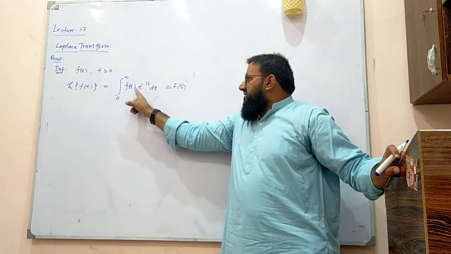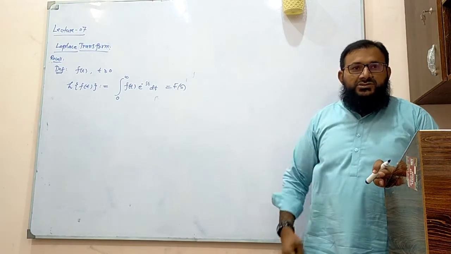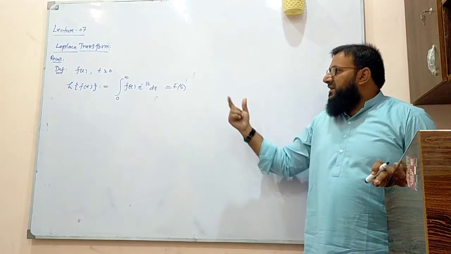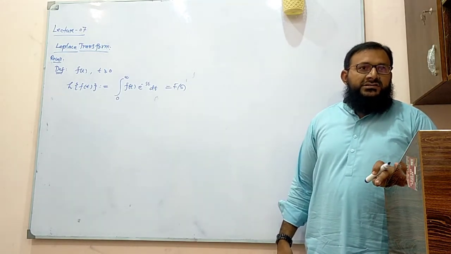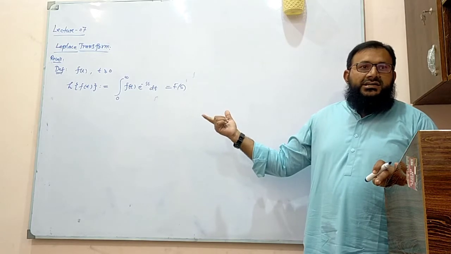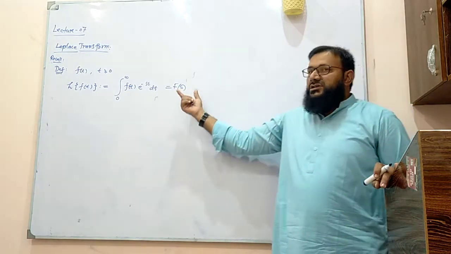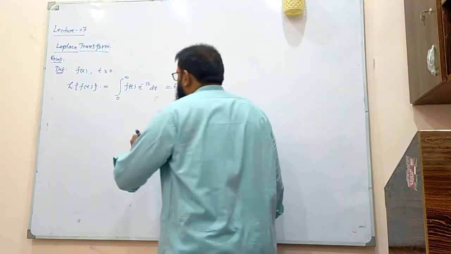This is the definition, and the domain is from 0 to infinity because t shows time, and time mostly runs from 0 to infinity. When f of t satisfies certain properties, this integral converges, and the Laplace transform of that function is capital F of s under certain conditions.